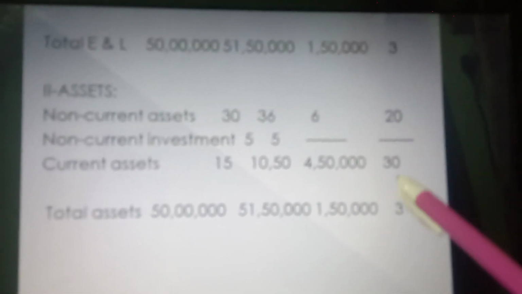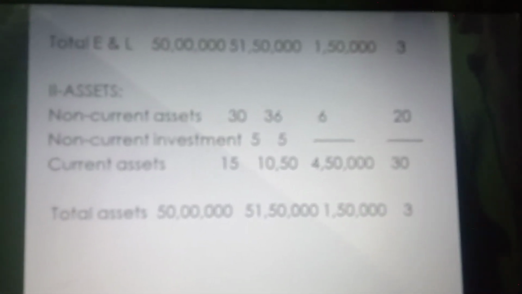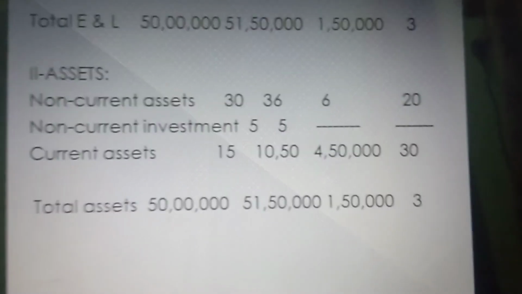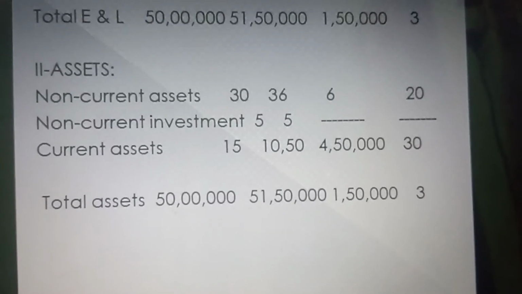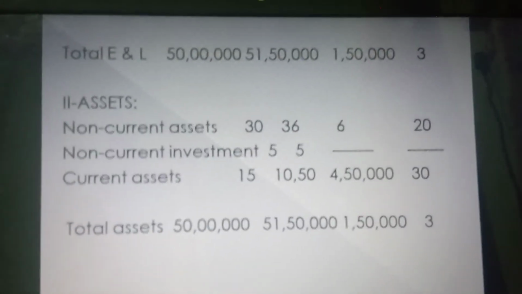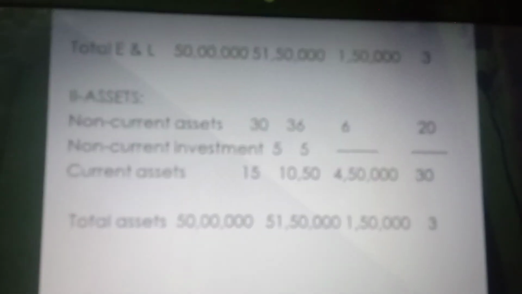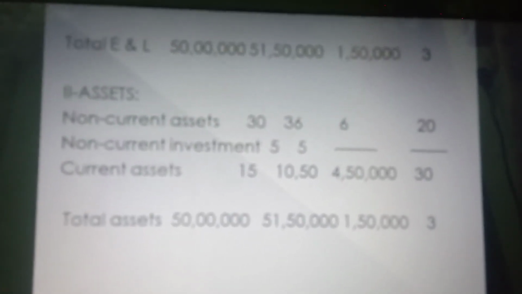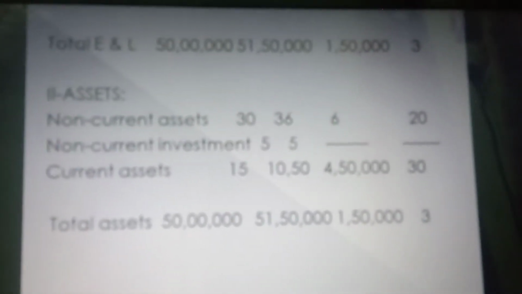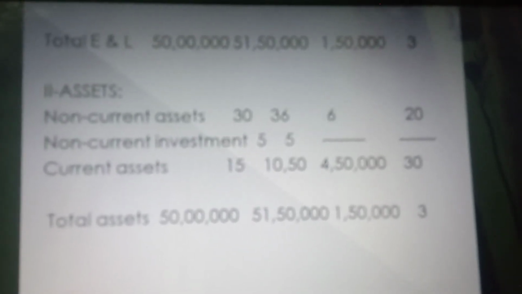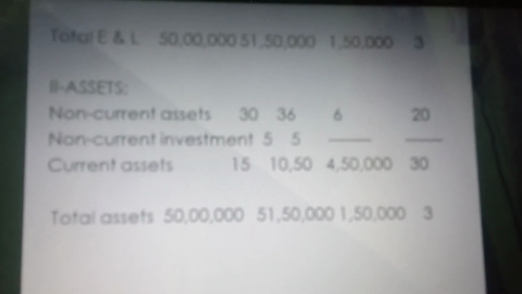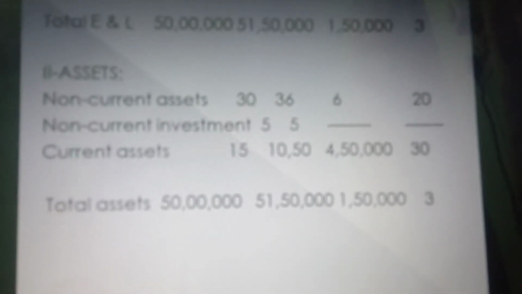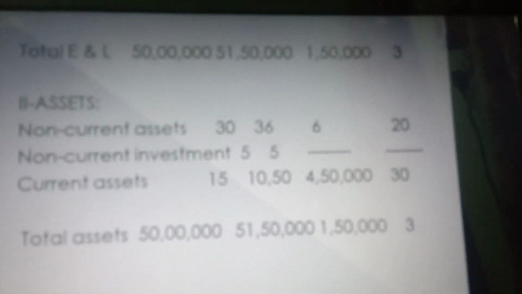Now when we talk about the percentage change, again by applying the formula, absolute change upon the previous year amount into 100, we will get 30%. Okay, now the total assets. Again, what you have to do is sum up the B column. Here we will take all the assets, that will define the total assets of the previous year, that is rupees 50 lakh, and in 2015 it is coming rupees 51 lakh 50,000.